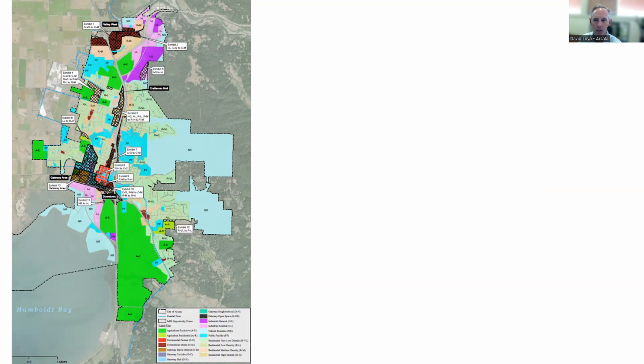This map was approved by the Planning Commission for recommendation and has been subsequently updated at least one time. You're seeing the updated map. Some of the content that I'll show you in terms of the policy has not yet been updated because this is all going on concurrently.